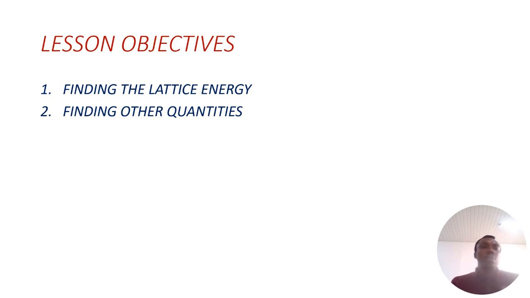So in today's lecture, we'll be looking at how we can calculate the lattice energy, and also finding other quantities like the enthalpy change of atomization, enthalpy change of formation, enthalpy change of ionization, and enthalpy change of electron affinity, and that's what we'll be looking at today in today's lecture.